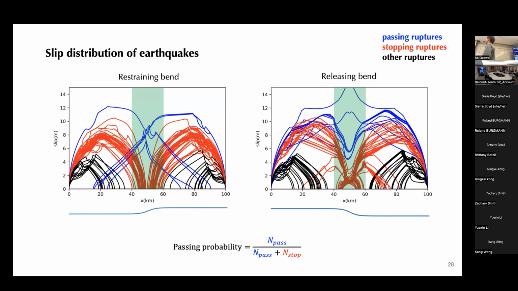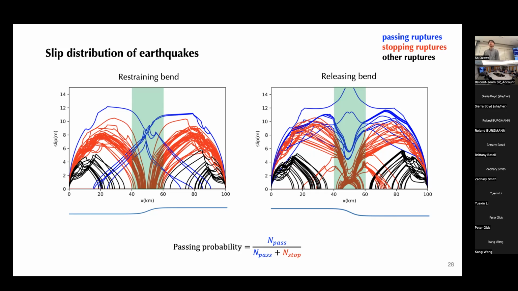The red ruptures are stopping ruptures, which were arrested inside the bend structures. And black is other ruptures, which don't have anything to do with the bend. We calculate the passing probability for each earthquake cycle simulation by this equation.